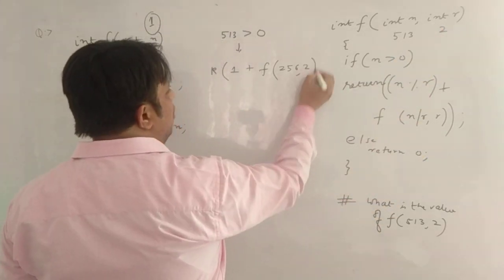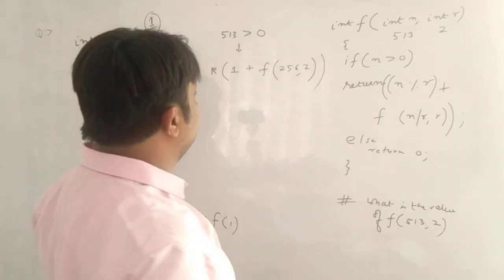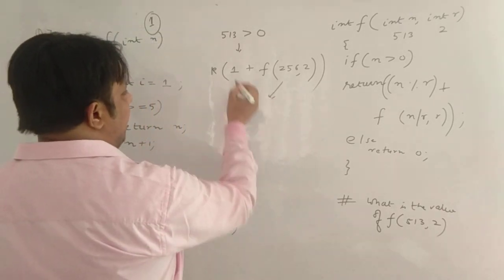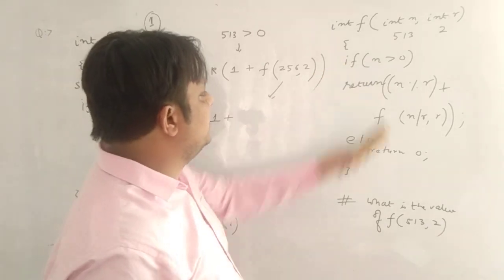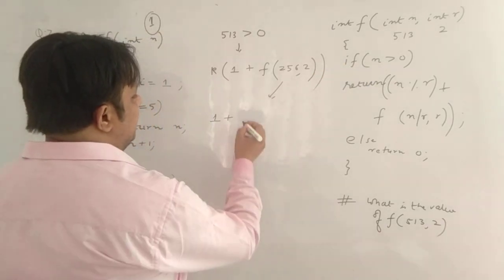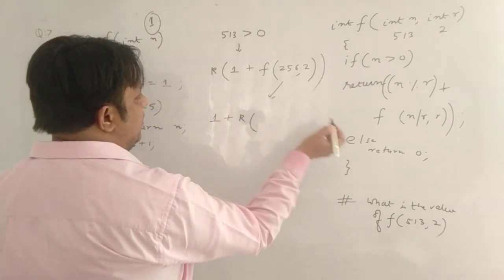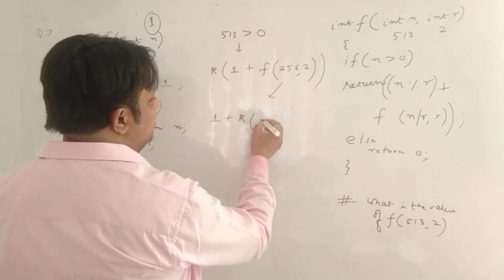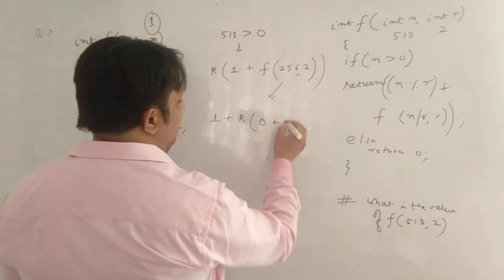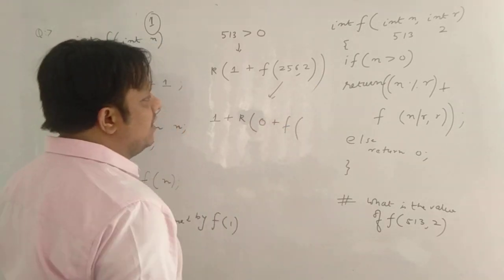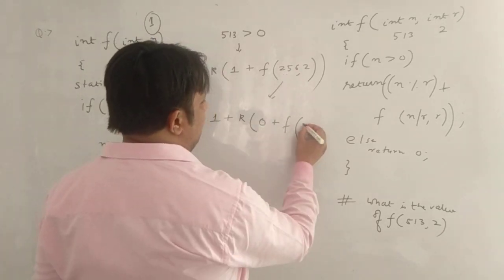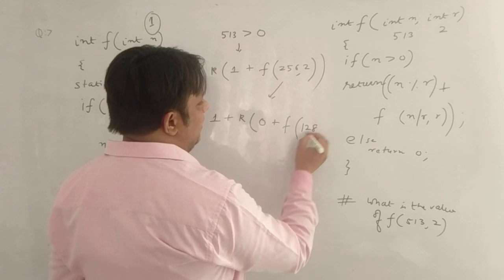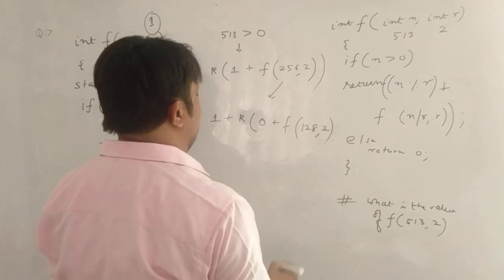So 256, 2. Now we will call this function 256, 2. So 256 greater than 0, condition is true. So return n modulus r. 256 modulus 2 is 0 plus function of n divided by r. When you divide this, it is 128, and the r value is 2, right?